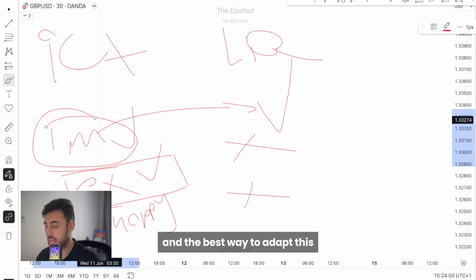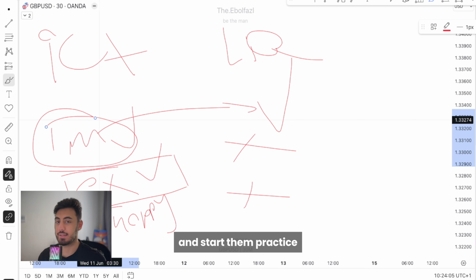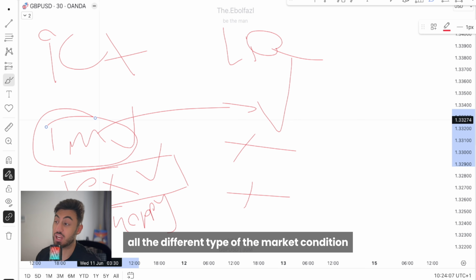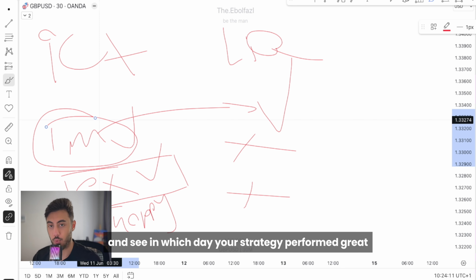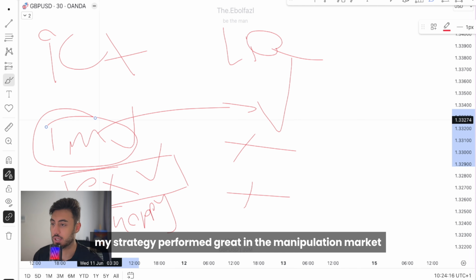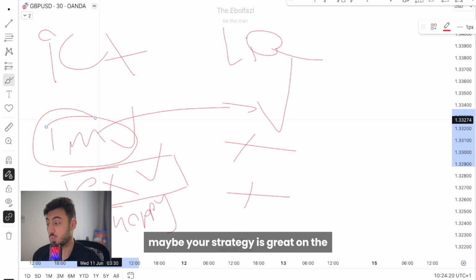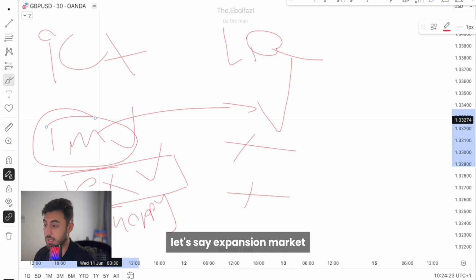The best way to adapt and understand this is to backtest all the different types of market condition and see on which days your strategy performed great. My strategy performed great in the manipulation market because I'm trading with liquidity. Maybe your strategy is great in, let's say, the expansion market.